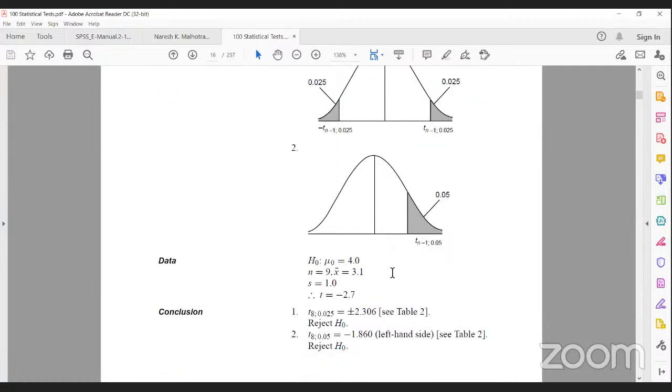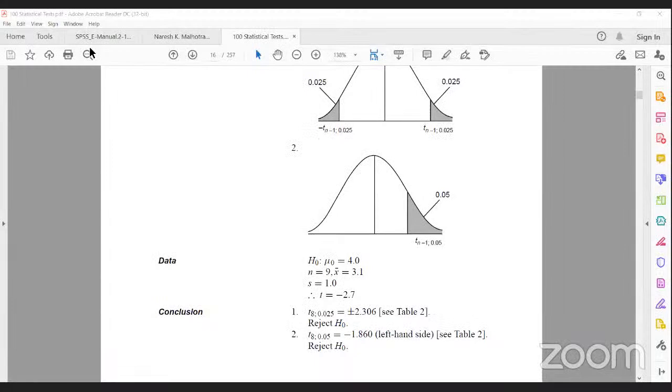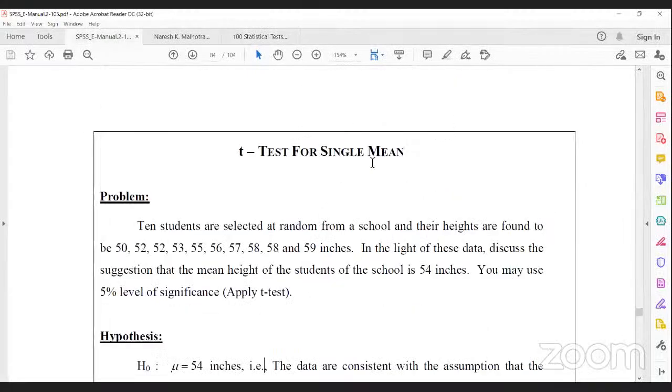I'll go to a practical problem here, and we'll check what we are going to do in SPSS. Are you able to see this? T-test for single mean.